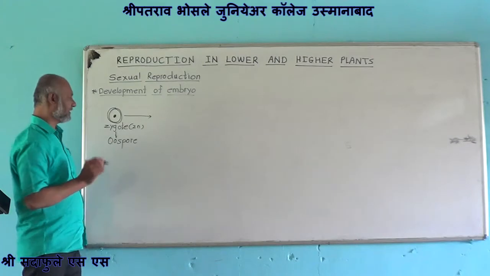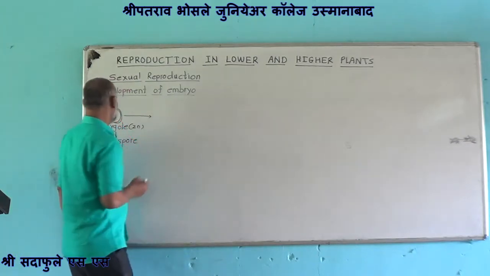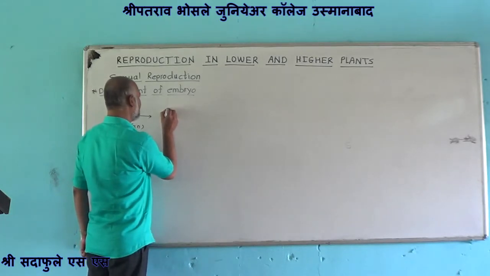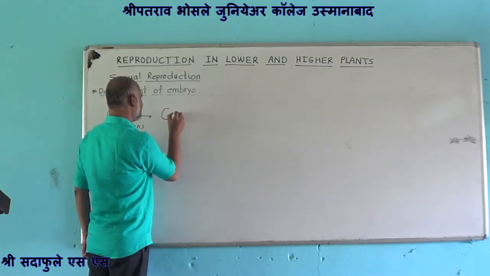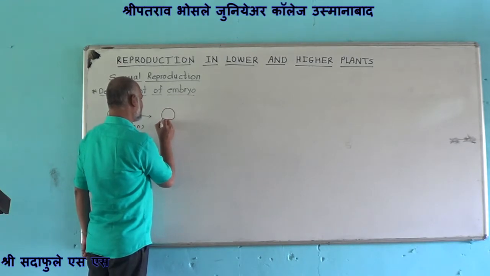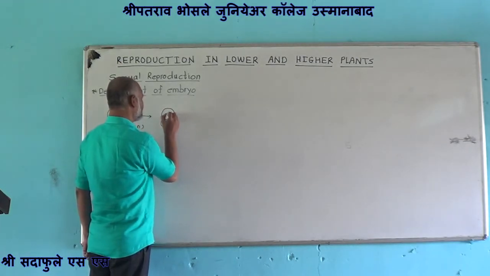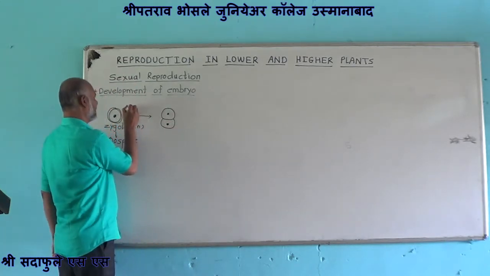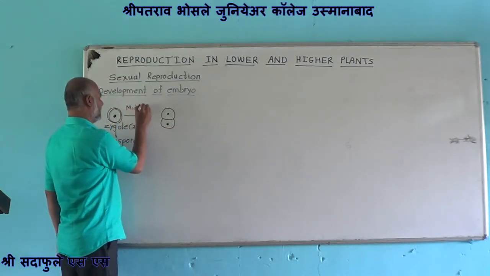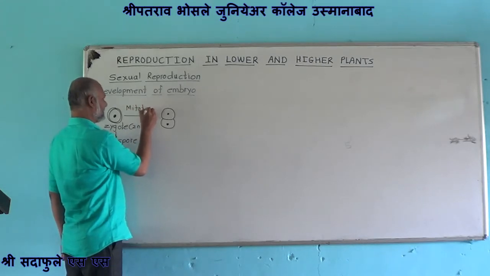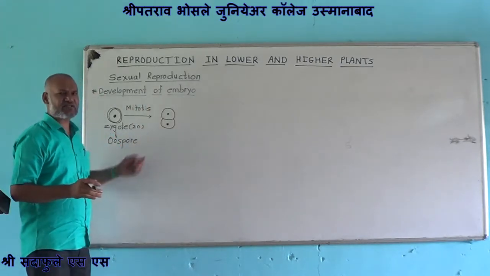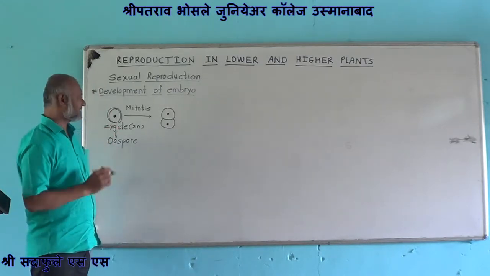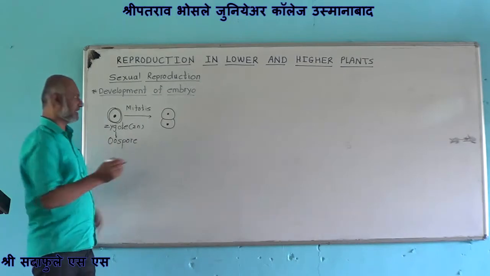Now what happens in the first step? This zygote or oospore divides by mitosis and forms two cells. It divides by which division? Mitotic division, that is mitosis, and this division is a transverse division, to form two cells.